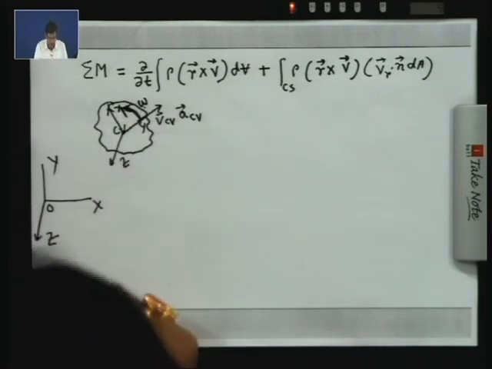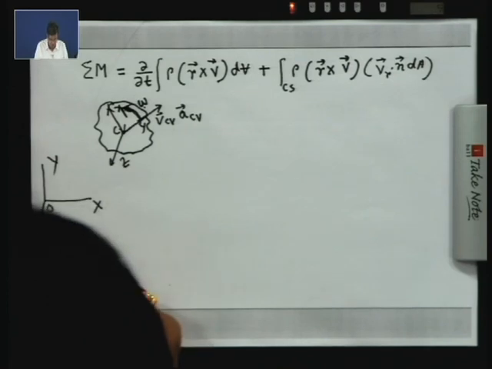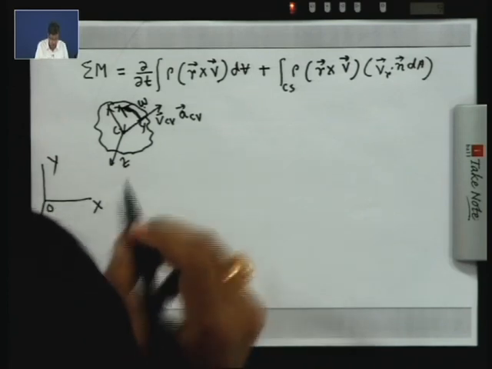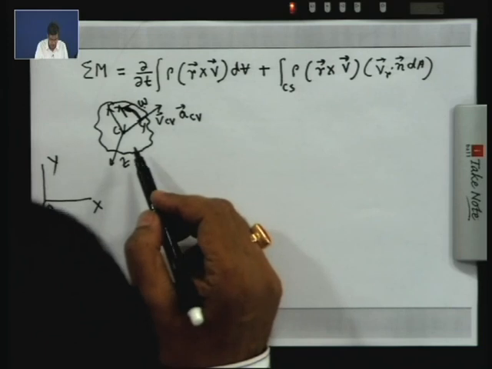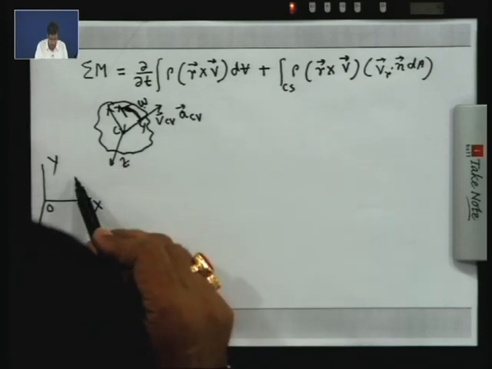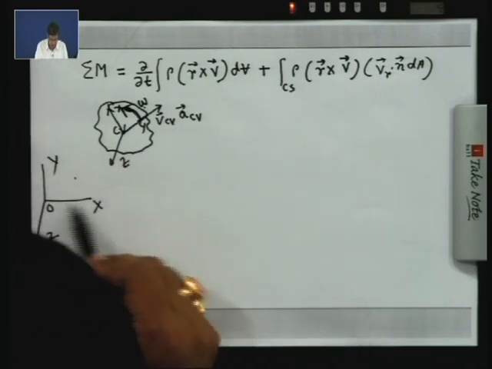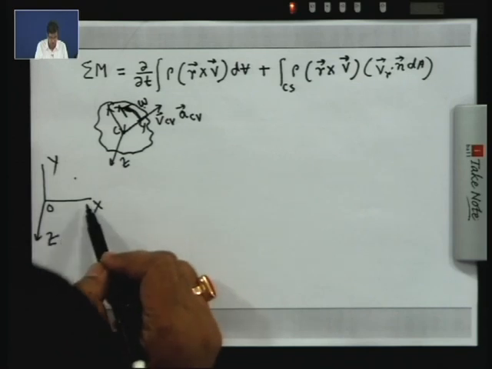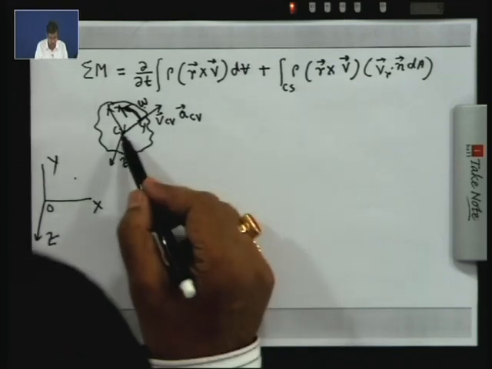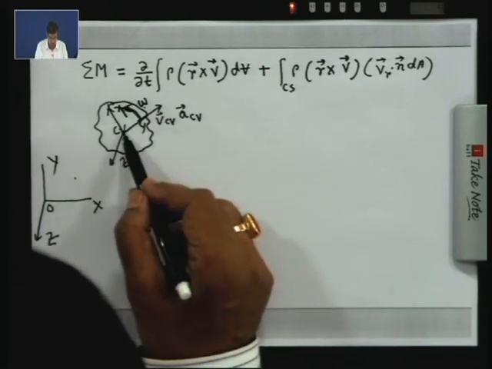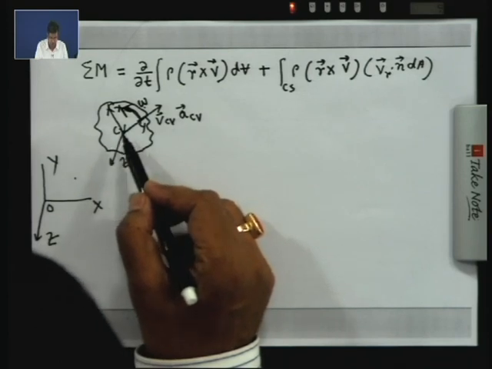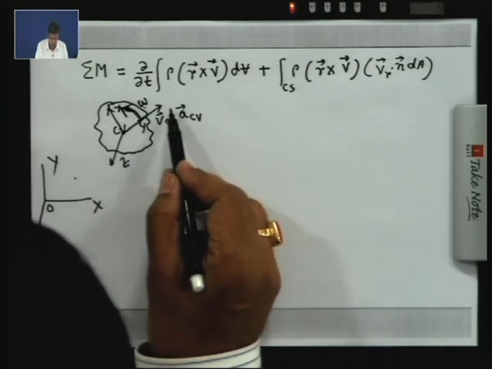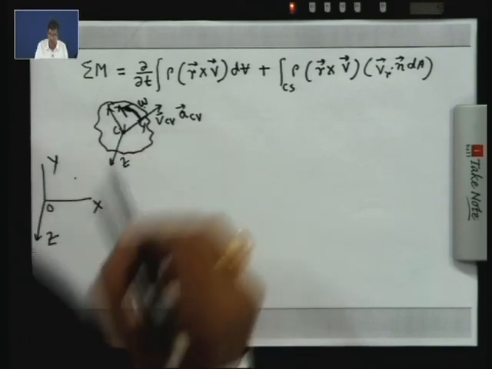Now a very general relation I will show you, of how we can relate things described in this inertial frame of reference, the static frame of reference, with those described in this moving frame of reference which is attached to the control volume, which has a linear motion and acceleration along with angular velocity.